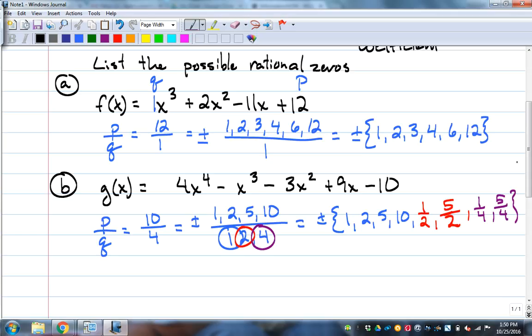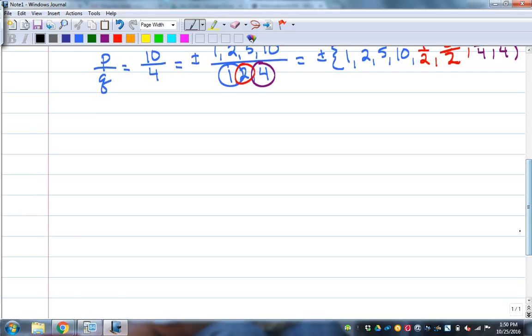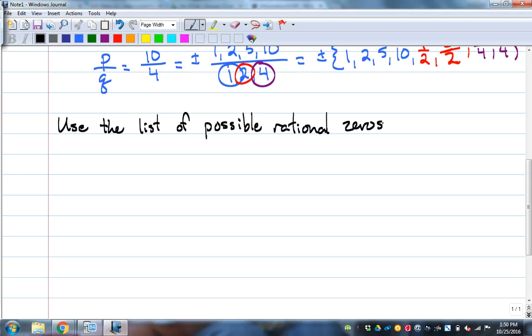All right, so let's use the list of possible rational zeros to factor or solve the polynomial, or for the polynomial zeros.